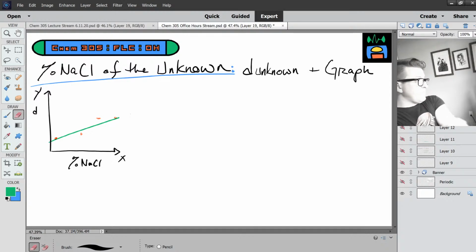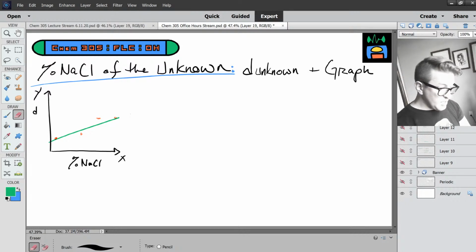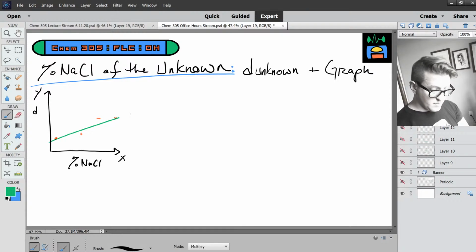To do this, you need the density of your unknown, and you need your graph, because the graph gives you your equation of the line: y equals mx plus b.